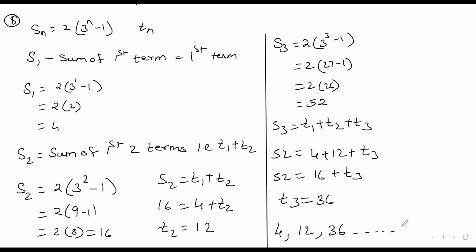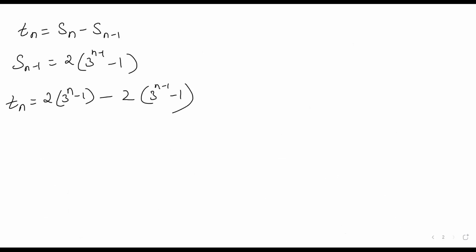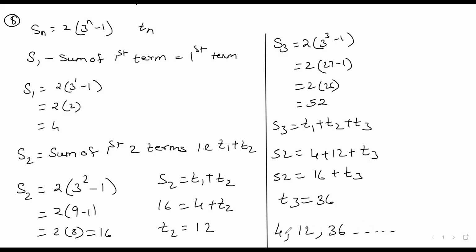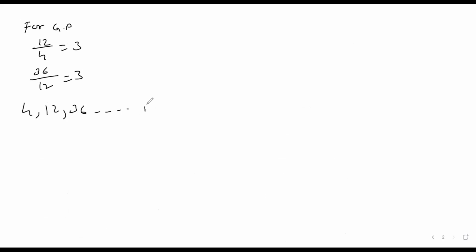Now, is it in GP? 4, 12, 36, is it in GP? Yes. 4 into 3 is 12, 12 into 3 is 36. It is in GP. For GP, 12 by 4 is 3 and 36 by 12 is 3. So 4, 12, 36 is in GP.